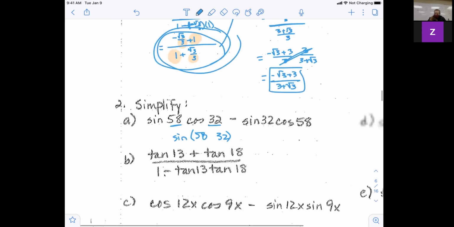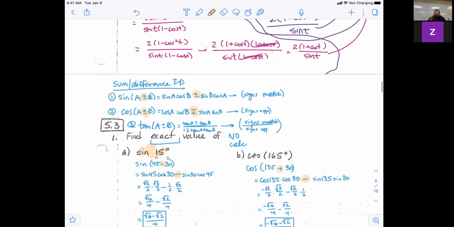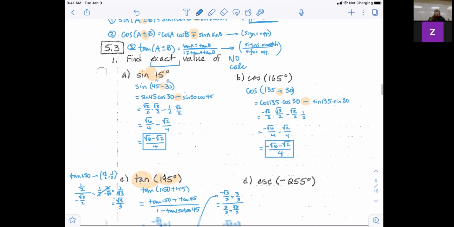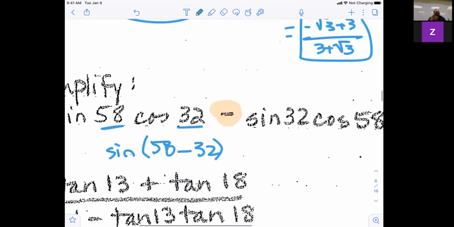I want a minus because in sine, you have to match. Remember, the signs match. So whatever the sign in the middle is should match what we're doing on the beginning. So since it has a minus in the middle, we're going to minus them here. You guys okay with that? Okay. So 58 minus 32 is sine of 26. That's it.